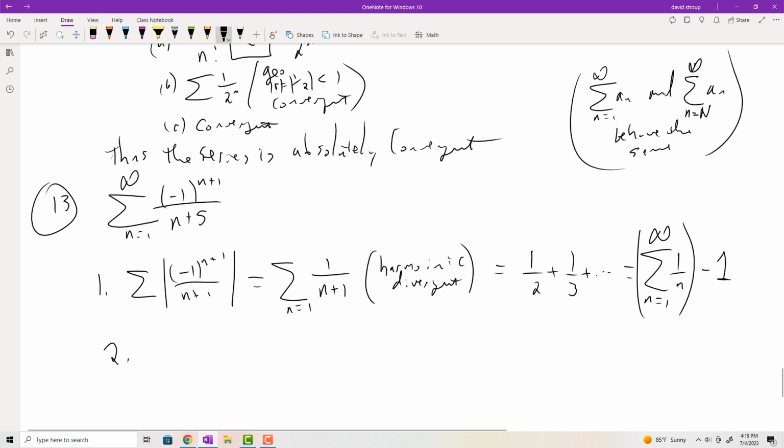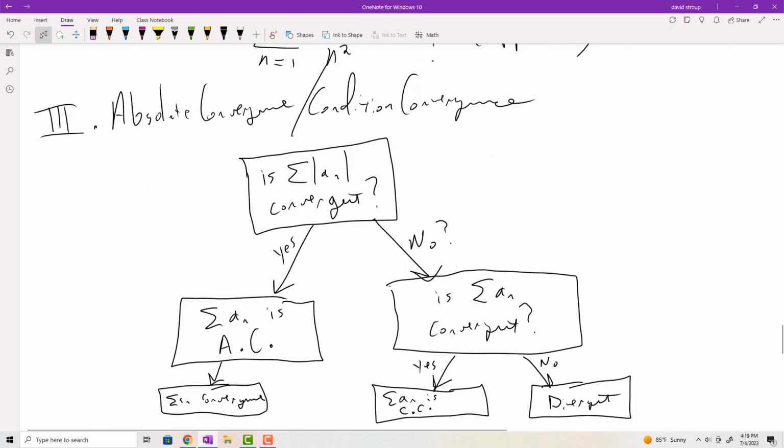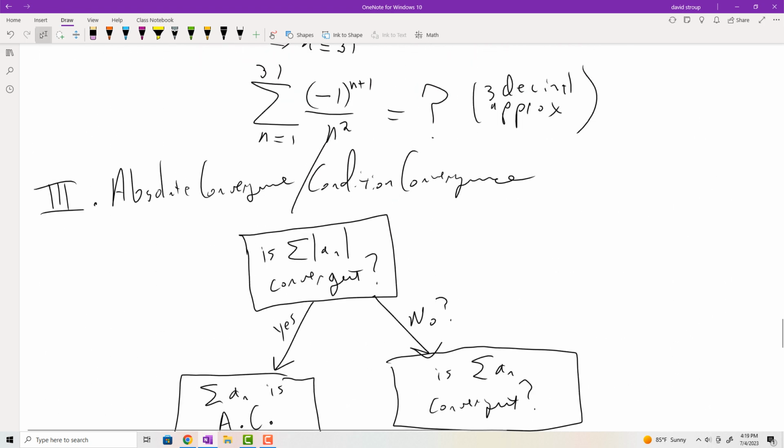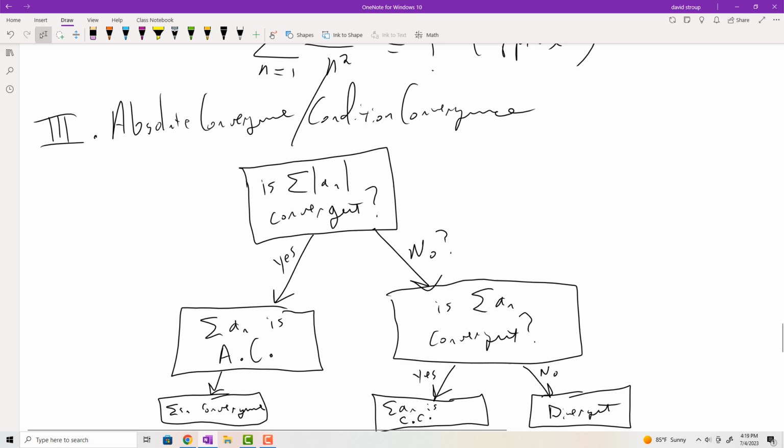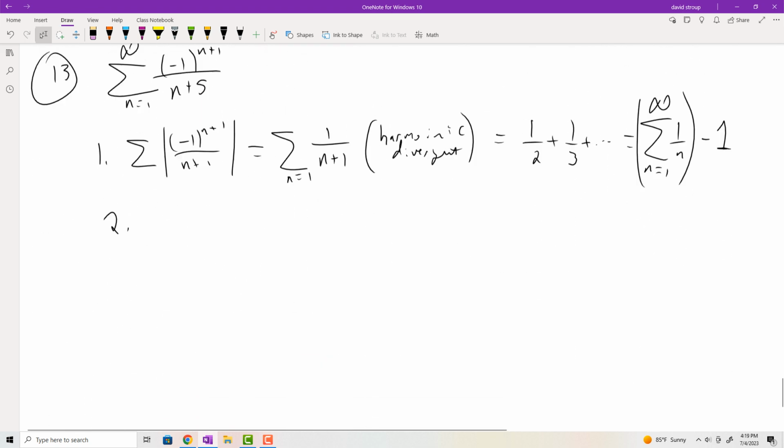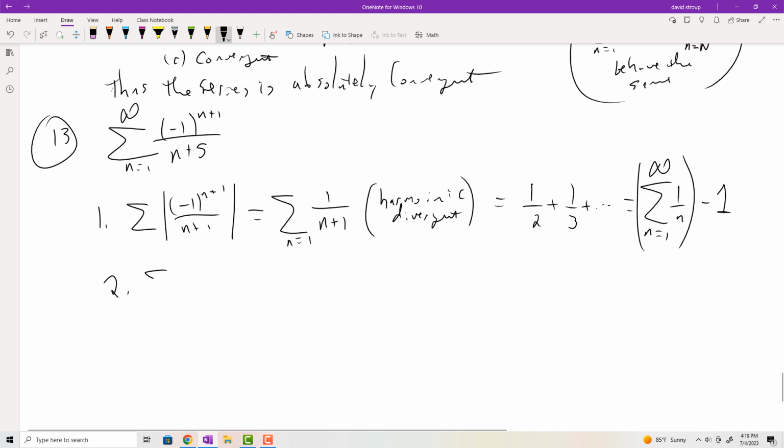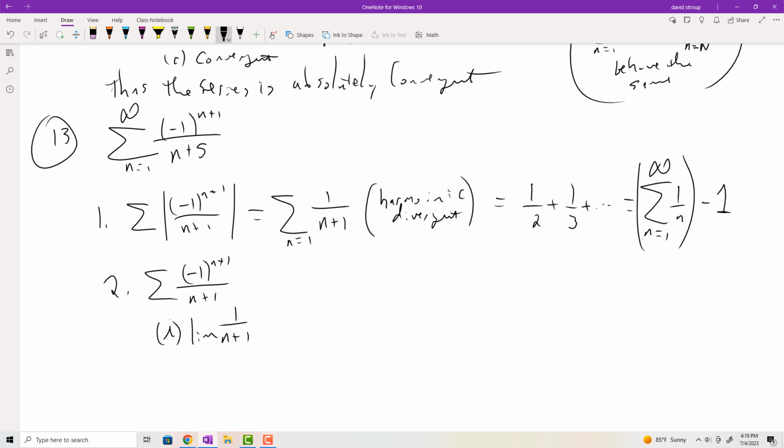Secondly, where are we in the flowchart? We've seen that the series of the absolute values of the terms is harmonic, so it's not convergent. So I go and look at the original series. Now I consider the alternating series. In our alternating series test, first we take the limit of the a sub n portion.